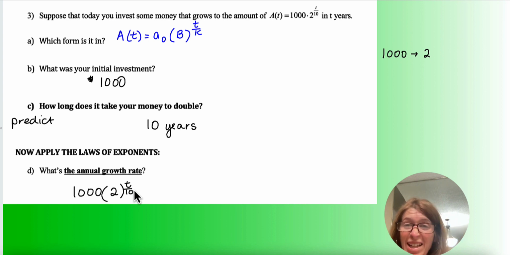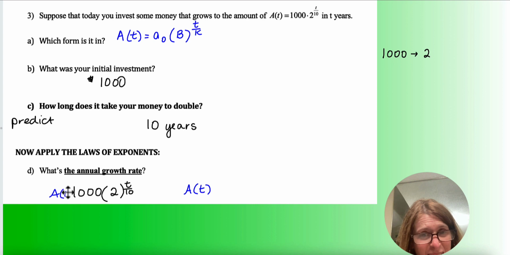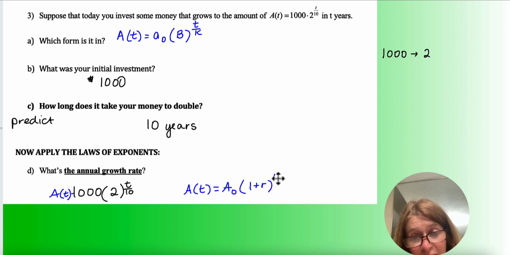So I want to rewrite it as the basic model using r, which is A of t equals a sub 0, 1 plus r to the t.